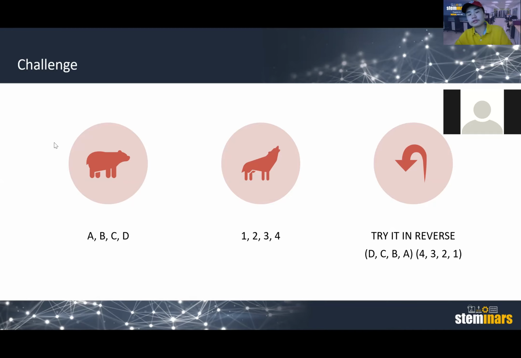The bear challenge is for you to hit point A, B, C, and D. The wolf challenge is for you to hit number 1, 2, 3, and 4. And the reverse challenge is, instead of doing it alphabetically, you're going to do D, C, B, A, and 4, 3, 2, 1 instead.